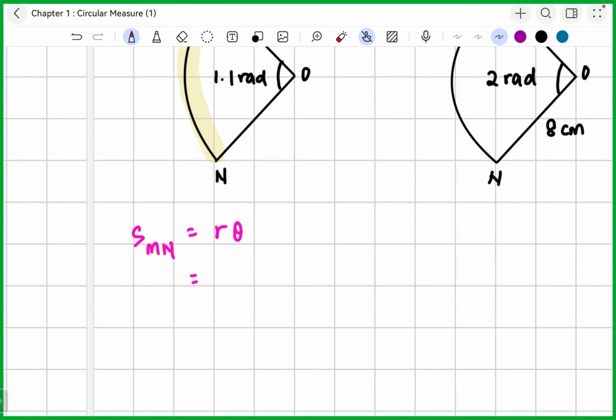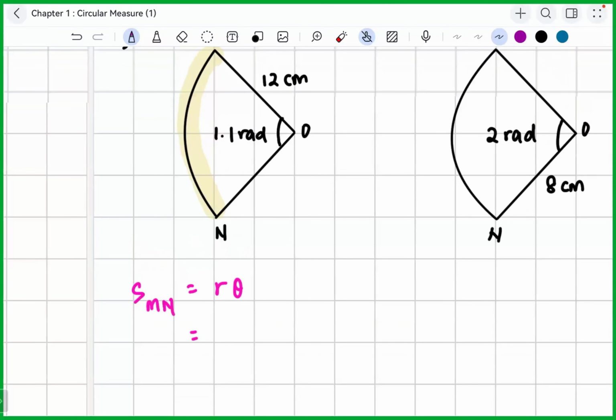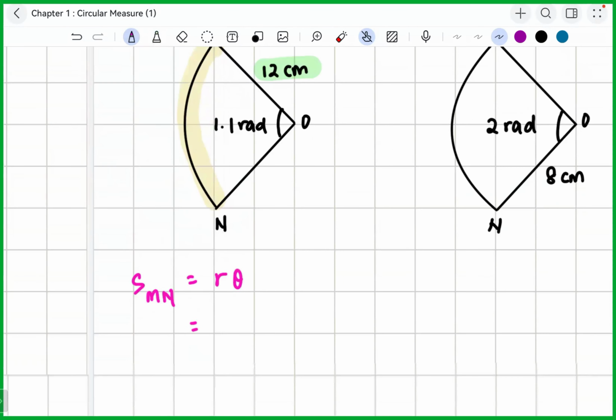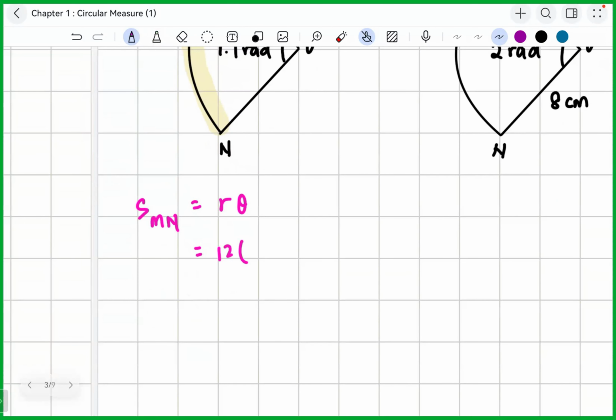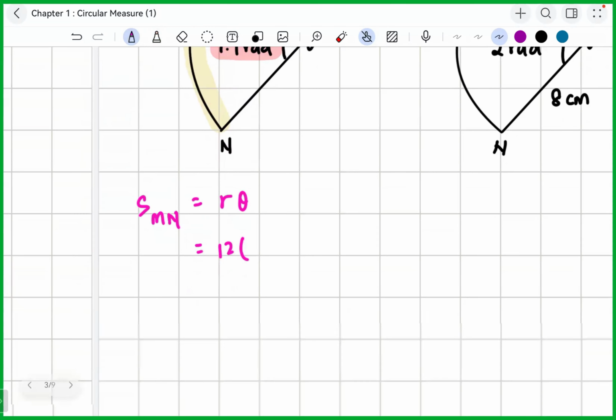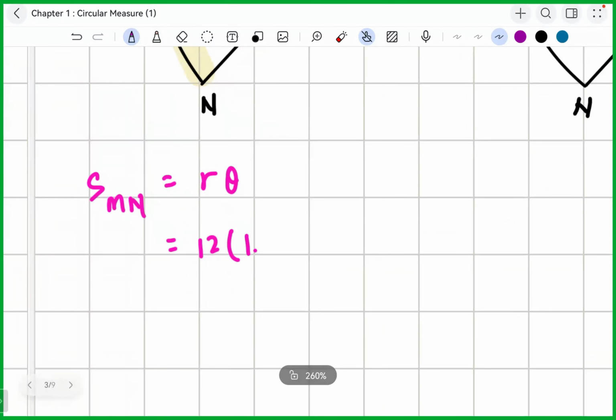First, you have to identify the radius and the theta. The radius the question provides is 12 cm, so we substitute 12. The theta should be in radian unit, and the question provides it in radian unit, so you can straight away substitute it into the formula. 12 times 1.1, you will get 13.20.